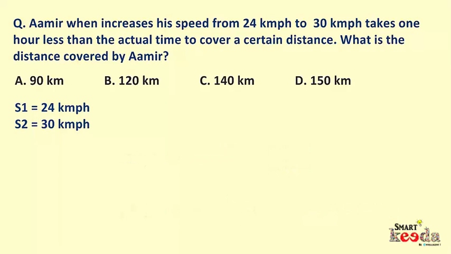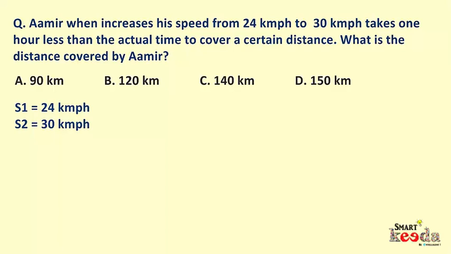By now we have explained two methods to solve this question. Let's discuss another method to solve the same question, and this one is the traditional one. We know that the speed of Amir is increasing in this question, and therefore he is taking less time in the second scenario, which means he took more time in the initial scenario.